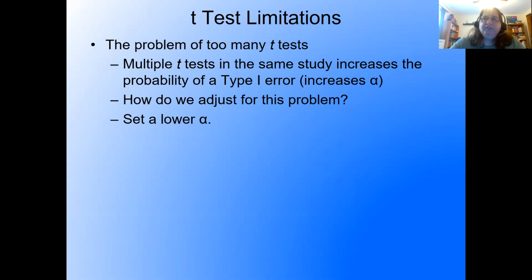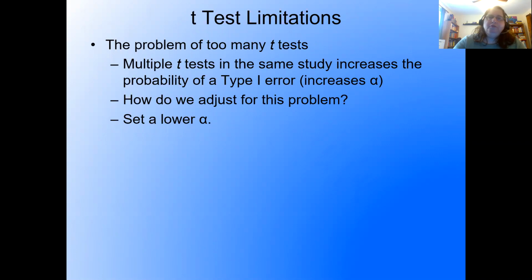Multiple t-tests in the same study increase the probability of a type 1 error, increasing our alpha. How do we adjust for this problem? Well, we could set a lower alpha, but there's a better way. And we're going to talk about that better way when we open up with our next set of material.